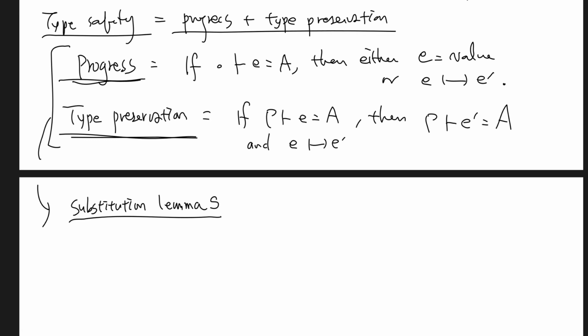First of all, we have two kinds of variables: expression variable x and type variable alpha. So perhaps we will need a substitution lemma for this variable x, and we also need another substitution lemma for this type variable alpha.